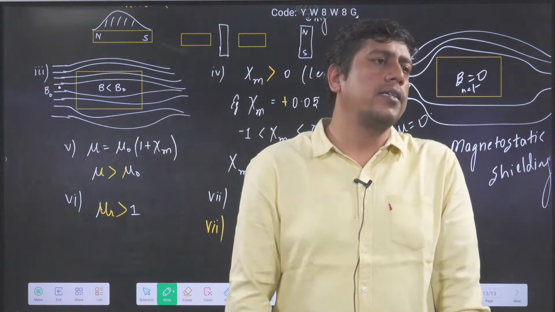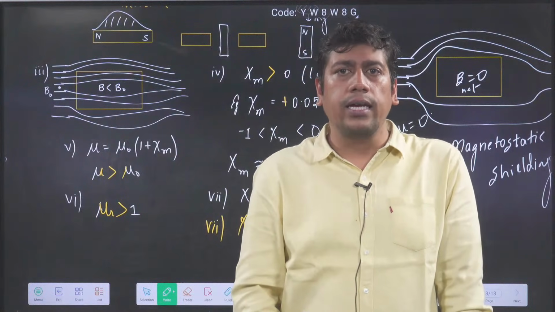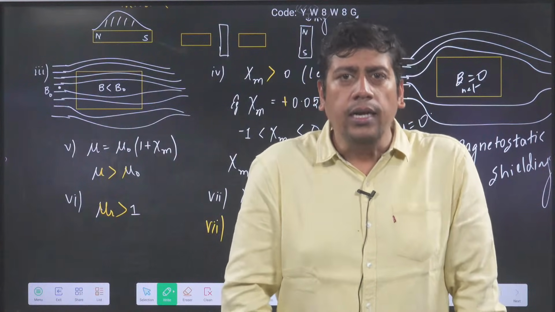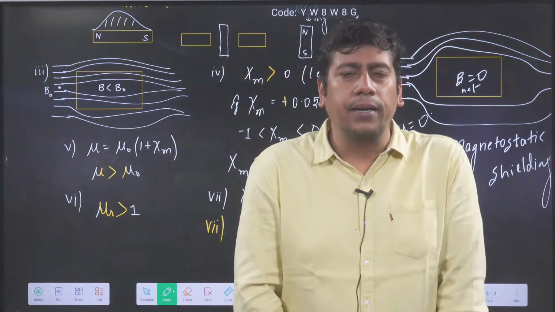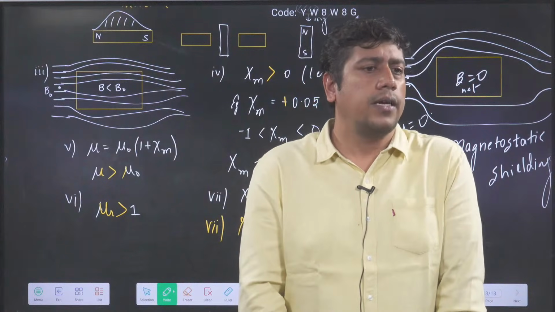Because when you increase the temperature, randomness will increase, and when randomness increases, M sample will decrease, I will decrease. If I is decreasing, then susceptibility, which is I by H, will also decrease.